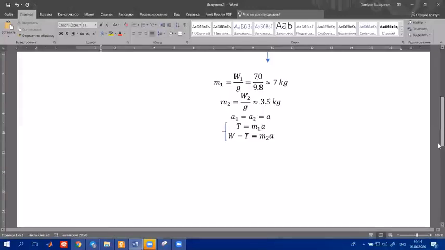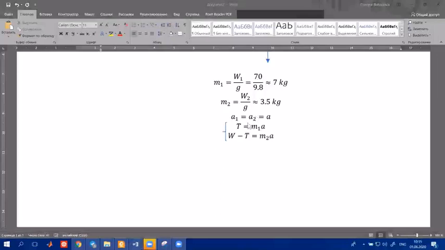So how do we solve this system of two equations?